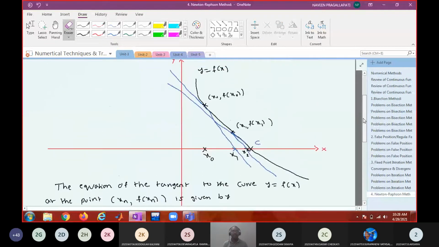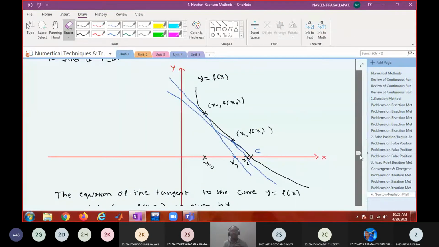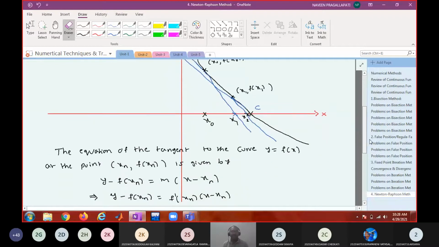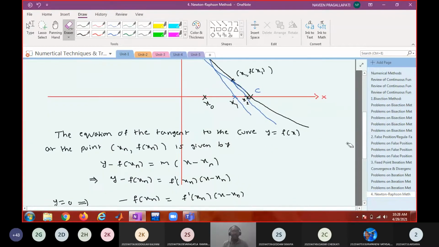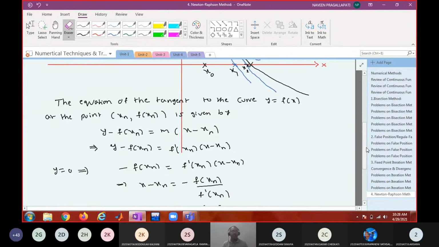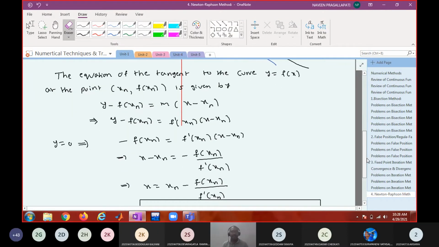Did you draw the graph? I think you can draw better than me. So draw the graph neatly and write down the tangent equation. Then put y equal to 0, solve for x, call it xn plus 1.